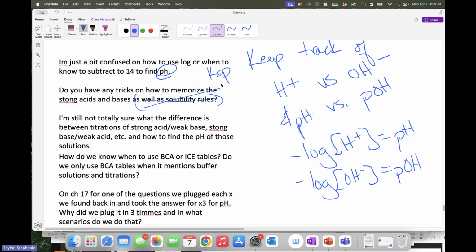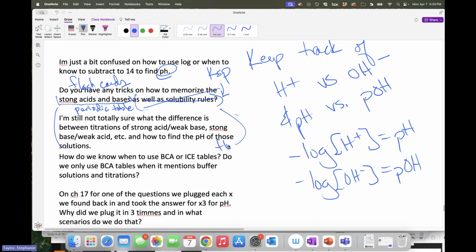How to memorize strong acids and strong bases? I usually go with a periodic table as you can. I know it doesn't cover all of them. Flashcards also help. Difference between titrations.